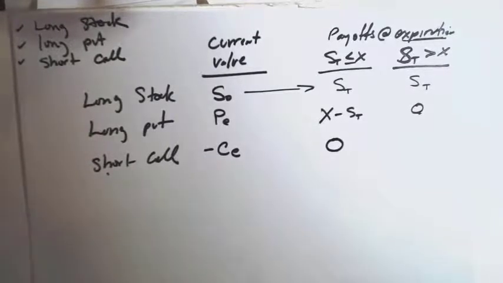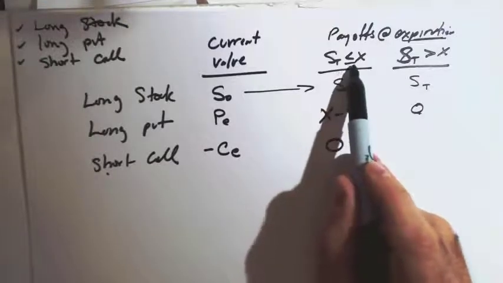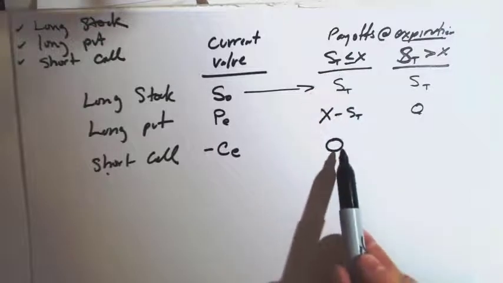So you always have to think about, and this is kind of a tough thing to get a handle on, is you short the call, you sold it to somebody, but the decision on whether or not to exercise is always in the holder's hands, not your hands as a short. So you need to think of it, would the holder of the call ever exercise it if the stock is less than the strike? Absolutely not. I mean, they never do that.